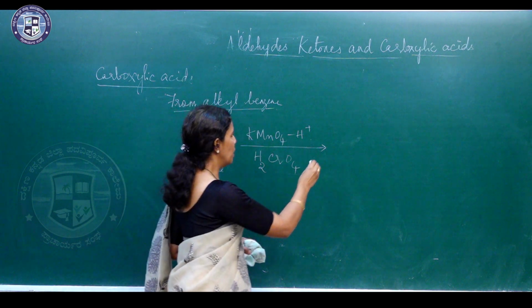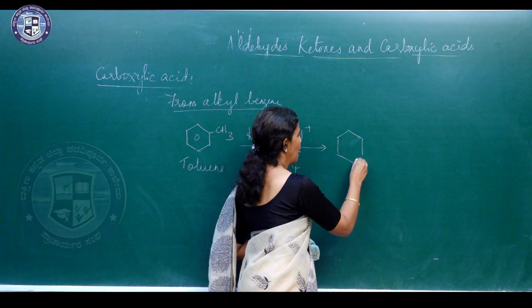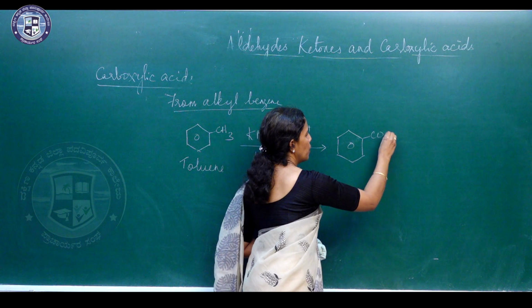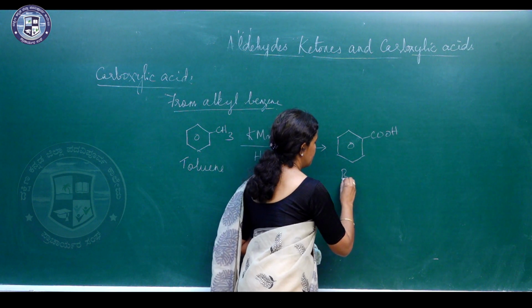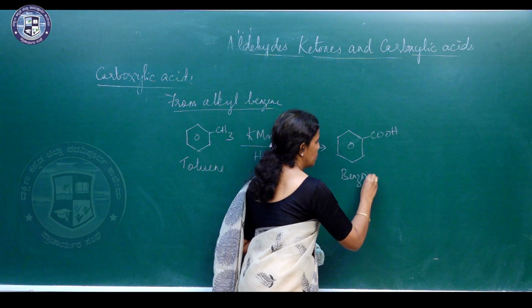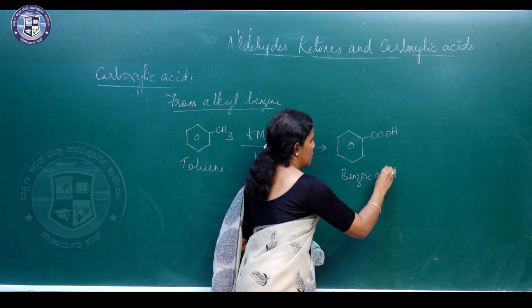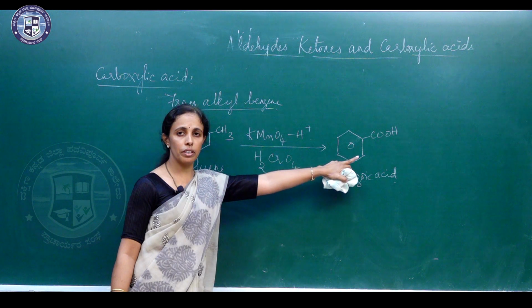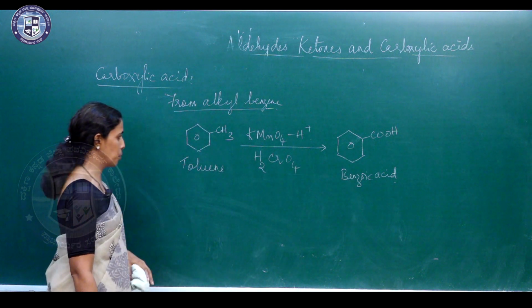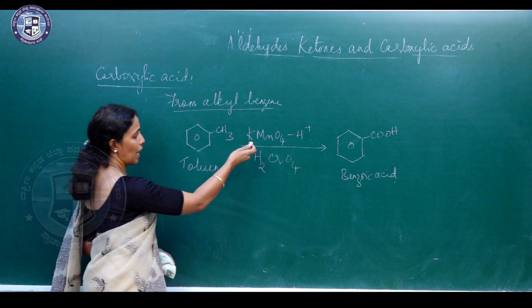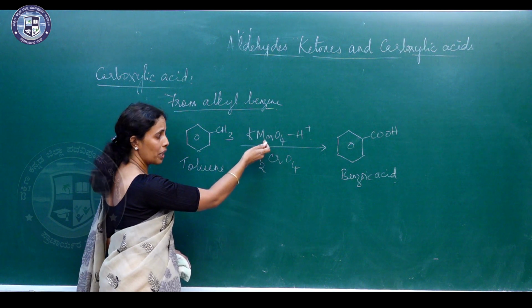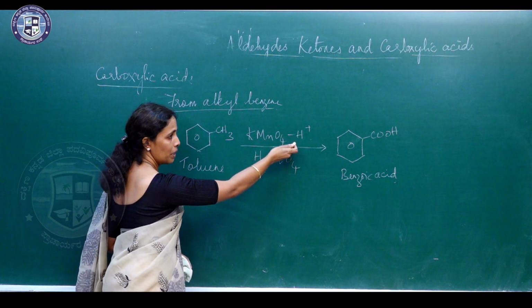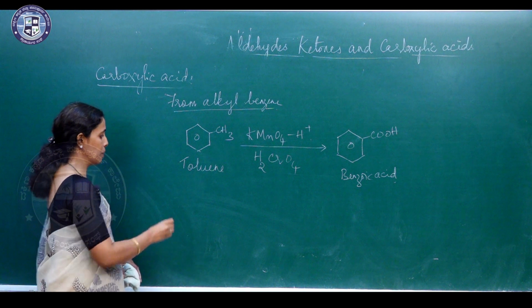So, the product will be benzoic acid. Here the CH3 side chain gets converted into the COOH group. The reaction can be carried out in presence of KMnO4 in an acid medium or in the basic medium.